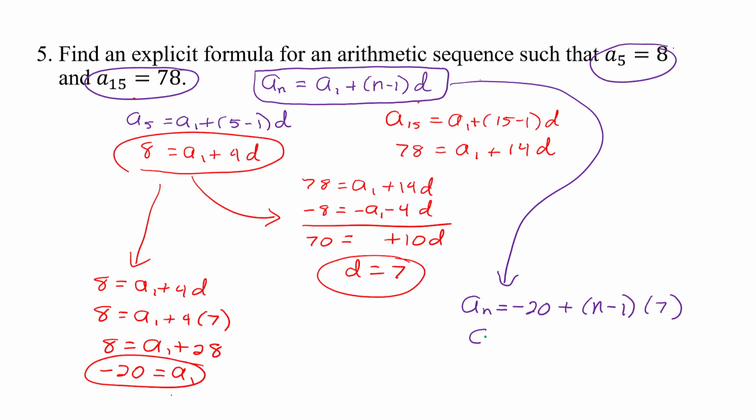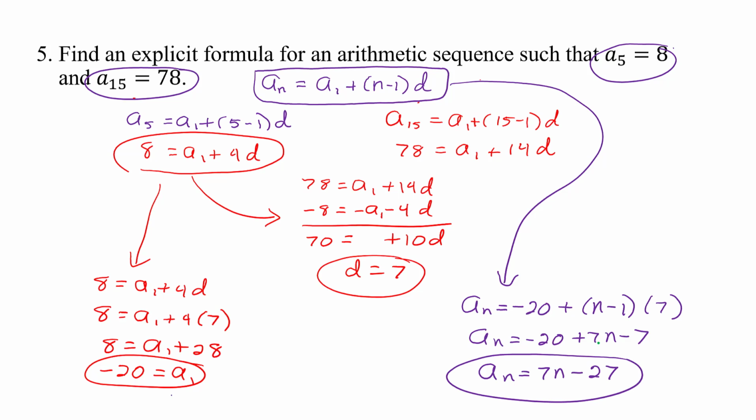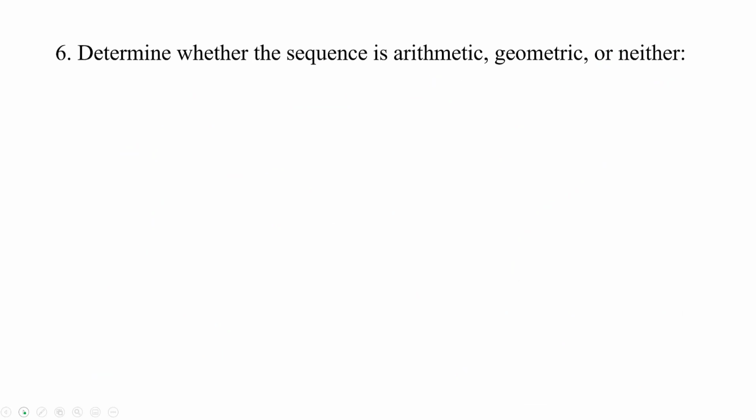And so we have a sub n equals negative 20 plus 7n minus 7, or just simplifying this, a sub n equals 7n minus 27. Okay, and you could check that if you wanted to make sure that works for our 5th term and for our 15th term, and it should. But go ahead and try that on your own, and let's go on to problem number 6.